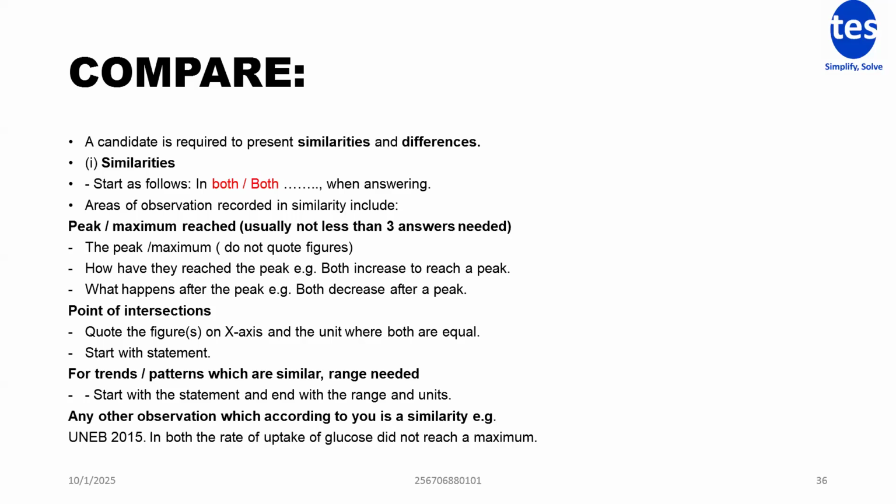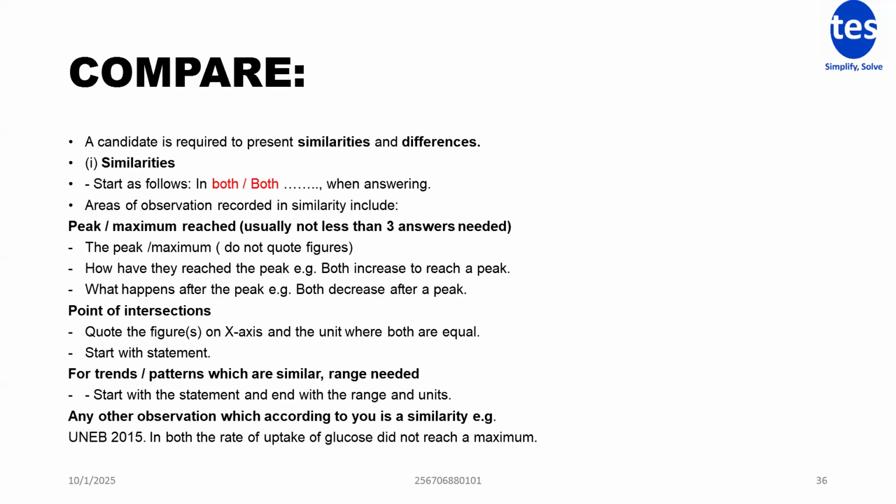Rather, the word both doesn't work at the start, but you can still work it in. Meaning you can't start with it, but you can fit it in. For example, you can say that in both, they have the same concentration at the 10th minute, for example.